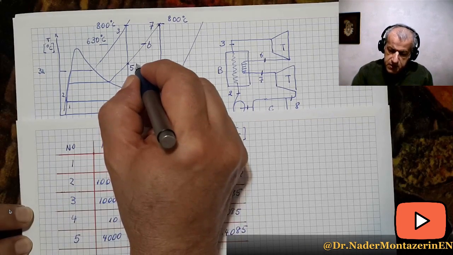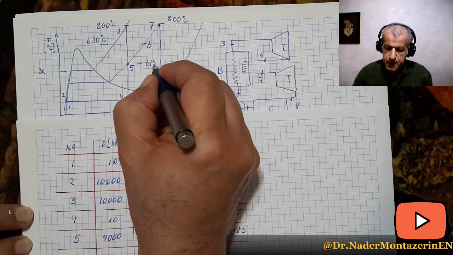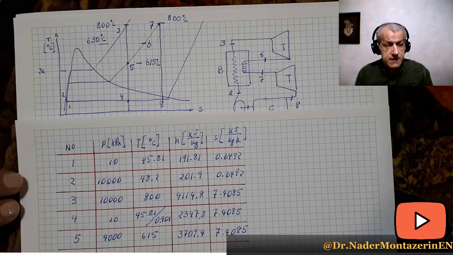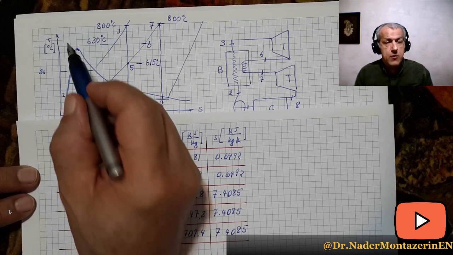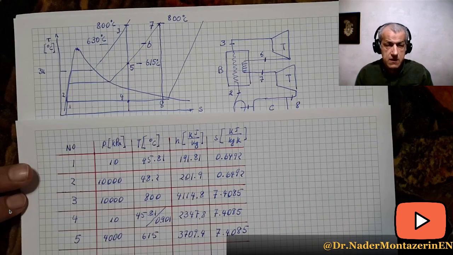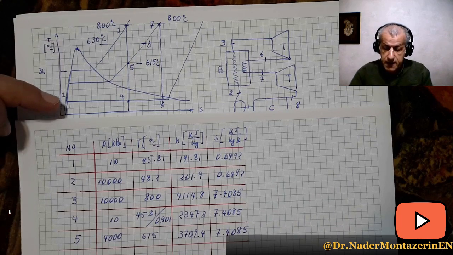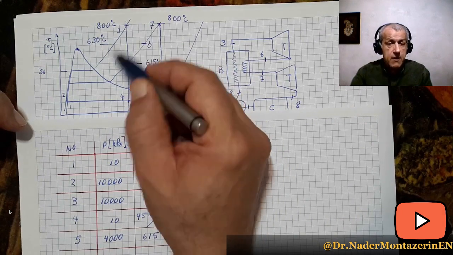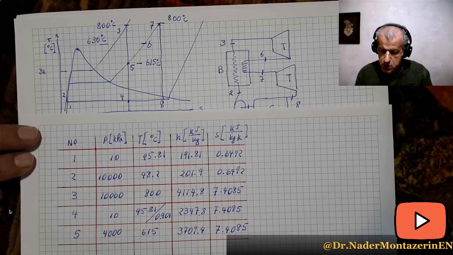At point 5, the temperature is 615 degrees C. Of course, this diagram is not up to scale, since the temperature at the critical point is 373 degrees C. So this point should be lower than this one, and these lines should have a much sharper slope. But with the knowledge of that, we would continue our solution.